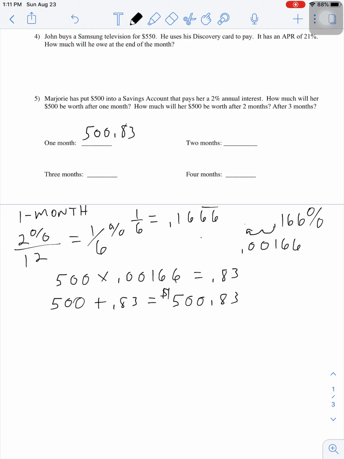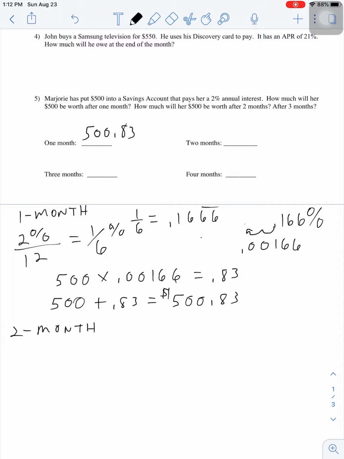Okay, so I just figured out part of what will be left of this worksheet for you guys as homework. Now, just so that you're clear, when you start going into the second month, we don't have to worry about recalculating what the percent is because we already figured that out.